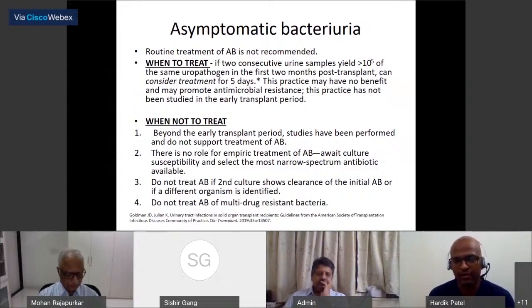So always two consecutive cultures should be there before treatment, and asymptomatic bacteriuria of MDR organisms should not be treated, because treating with higher drugs and the subsequent development of resistance will lead to future treatment failure.